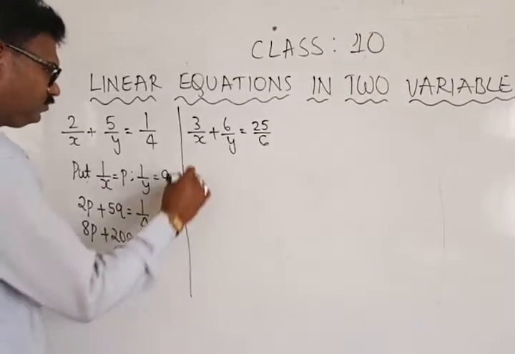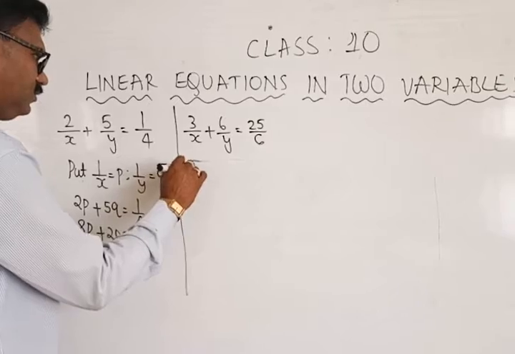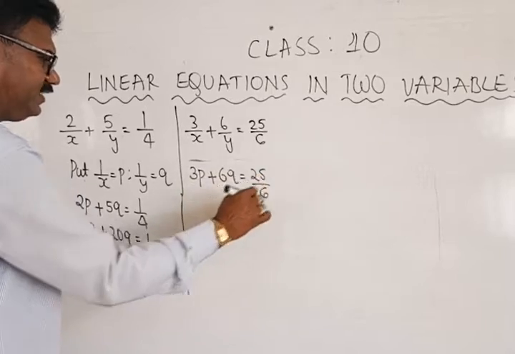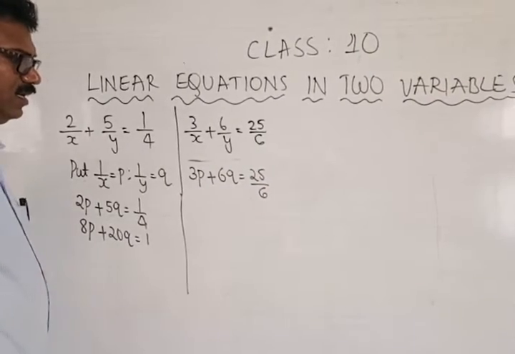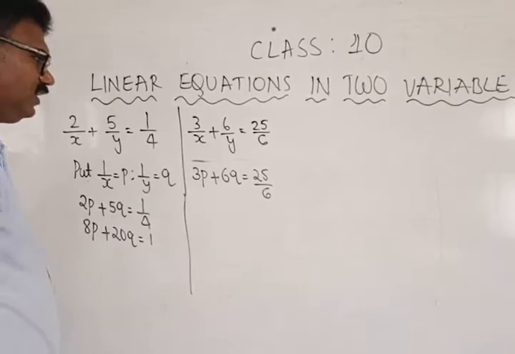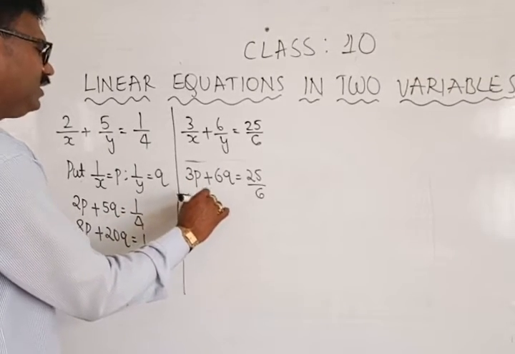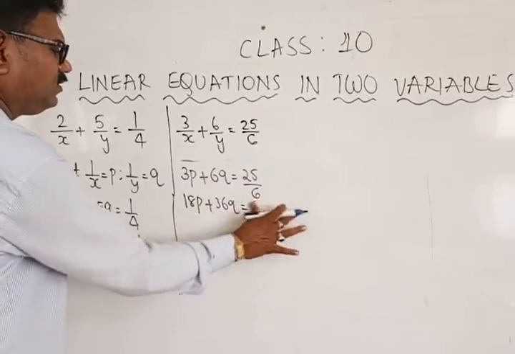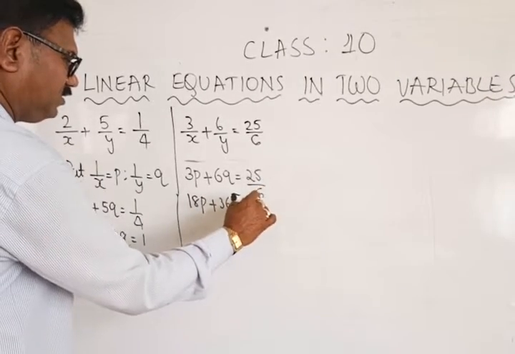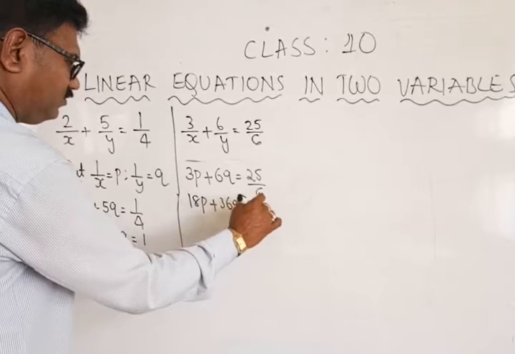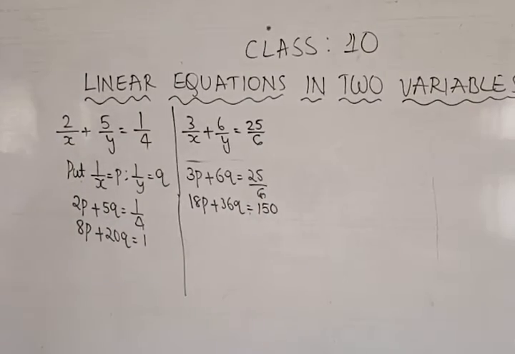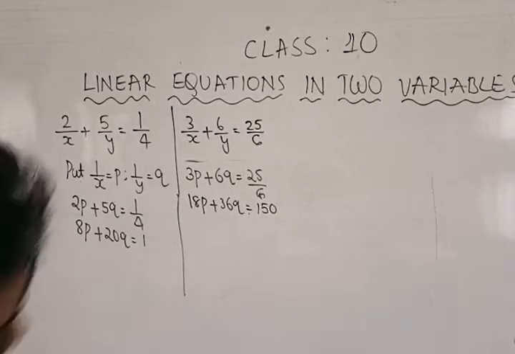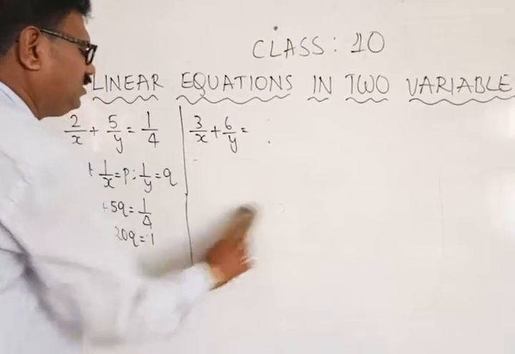Then 3p plus 6q equal to, sorry, it is 1 by 3.